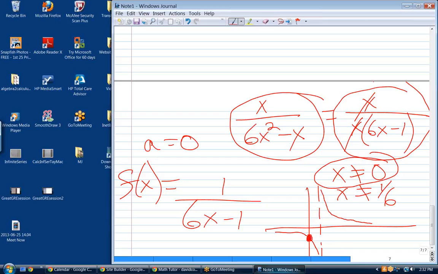But there's no way you're bridging this vertical asymptote at 1/6. So the question again says, what does f of a have to equal for it to be continuous, the whole function? I would say you can't do it here.